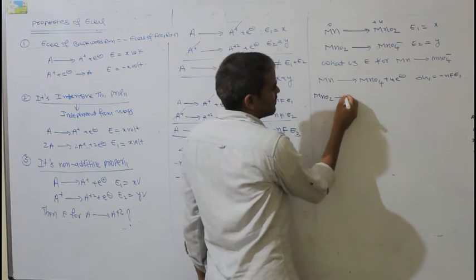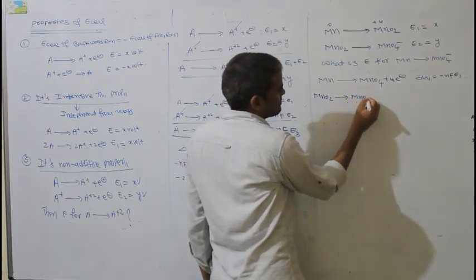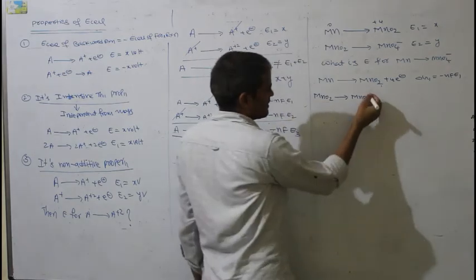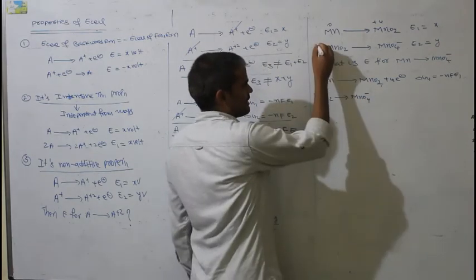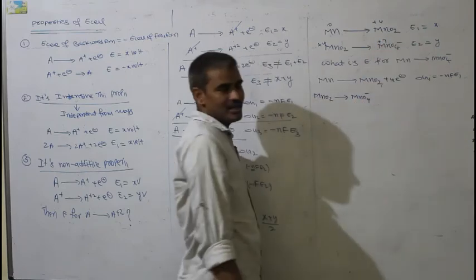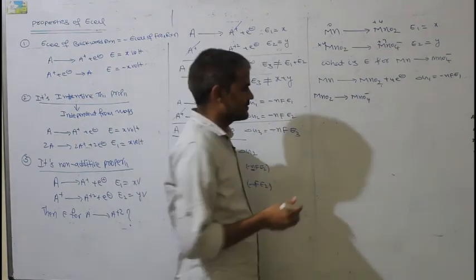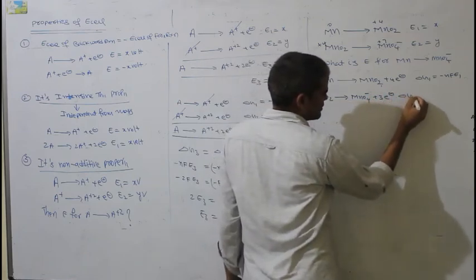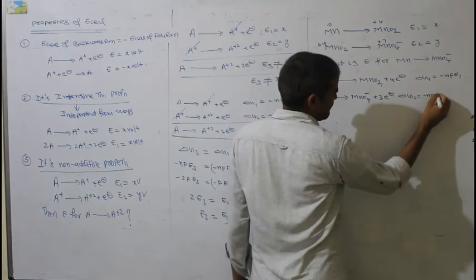Next, MnO2 converting into MnO4 minus. Here plus 4 is converted into plus 7. How many electrons participated? 3 electrons. So you can write plus 3 electrons, which is ΔG2 equal to minus nF E2.